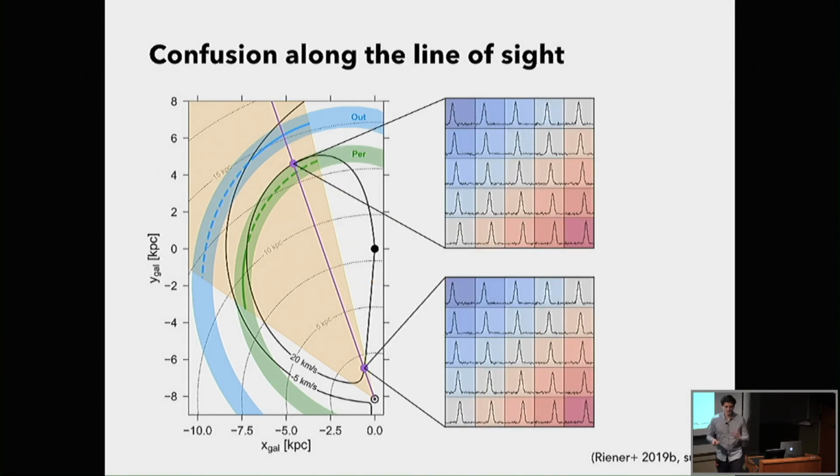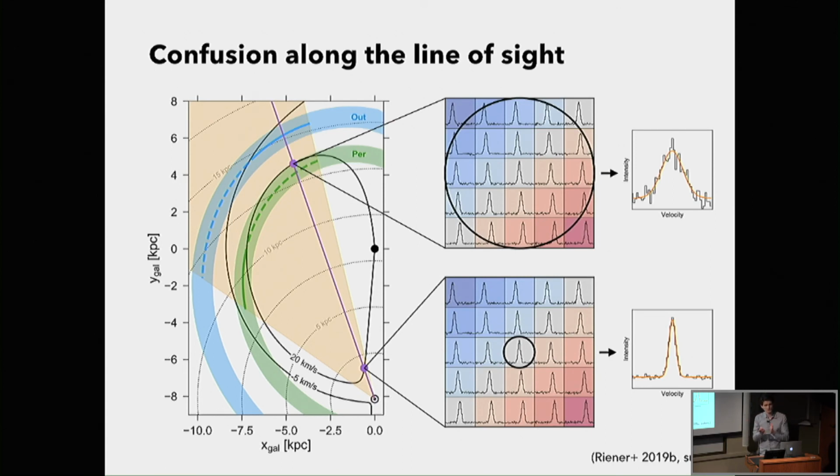Now, if we think about a structure embedded either nearby or far away, and the structure has a clear velocity gradient, if we detect it nearby, we are able to spatially resolve it well, and we measure a fairly narrow line width, whereas far away, we will average the structure in a beam, and we will get a much broader line.